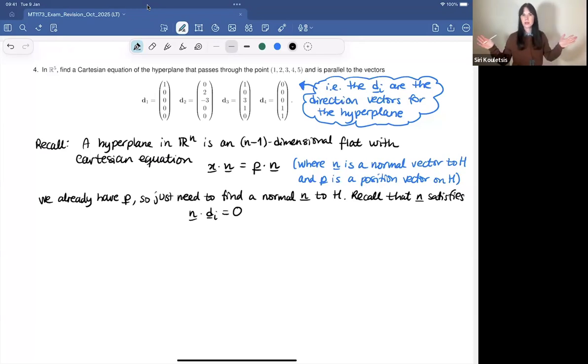Now, of course, we cannot visualize in R5, but it is orthogonal, therefore, to each of the direction vectors that span the hyperplane. So that's how we define orthogonality, that the dot product between these vectors gives us 0.